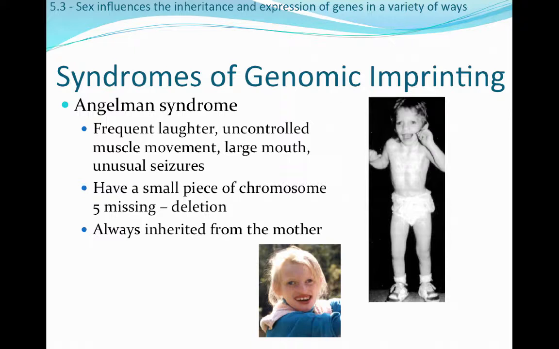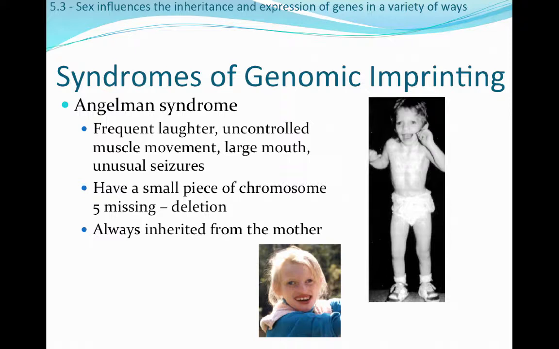They tend to have a very large mouth, and they tend to seizure quite often. And this is also isolated to chromosome 5, and specifically a deletion on chromosome 5. And these individuals end up with this syndrome, and they will inherit it from the mother.